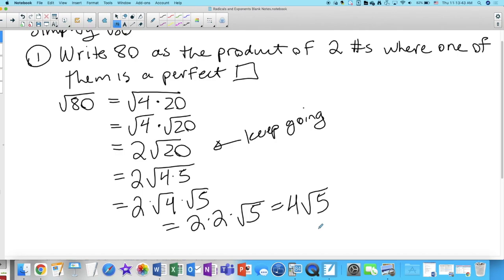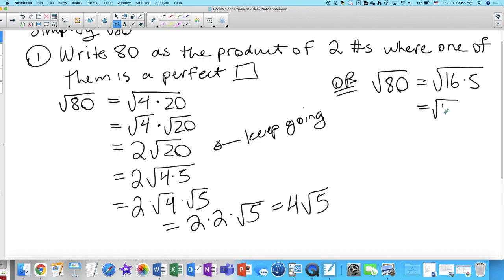So you can also do it this way. The square root of 80 is equal to the square root of 16 times 5. You can break that up too. Square root of 16 times the square root of 5, and the square root of 16 is 4. Okay, if I asked you to write this in simplest form, and you stopped at 2 root 20, that would not give you full marks, because this is not in simplest form.